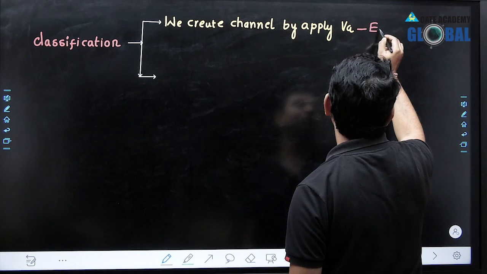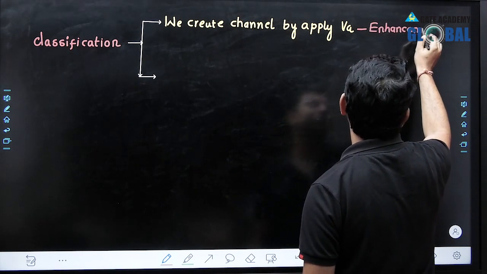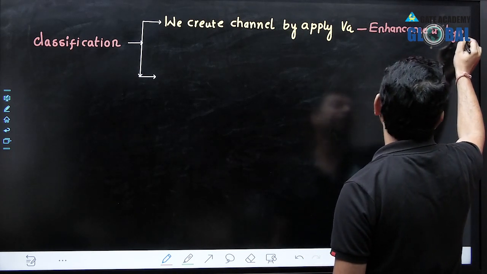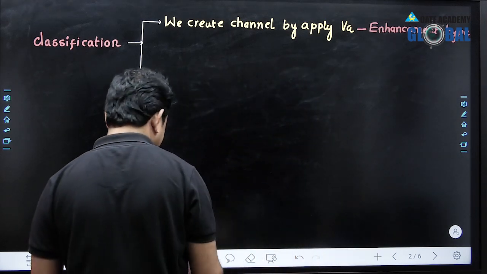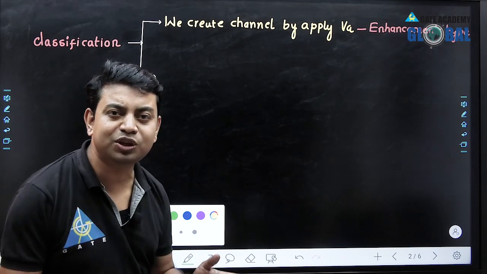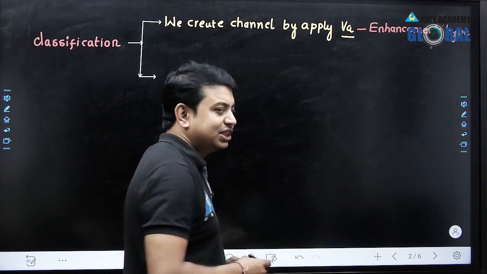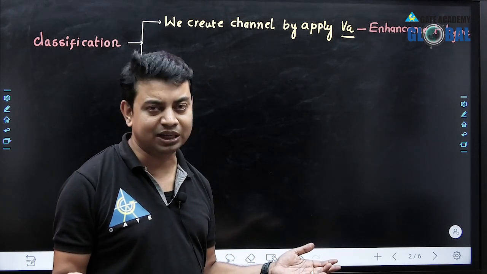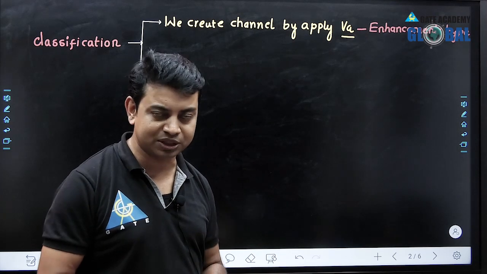Then the second one is the depletion mode. In depletion mode, we don't apply any gate voltage to create the channel. The channel is already created by fabrication, in the fabrication laboratory, by the fabricator who has designed the MOSFET.